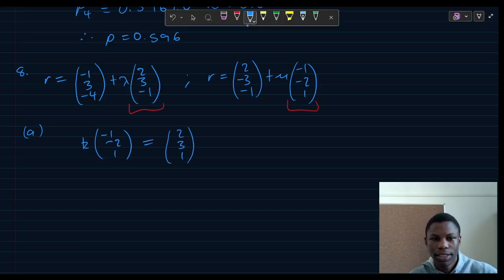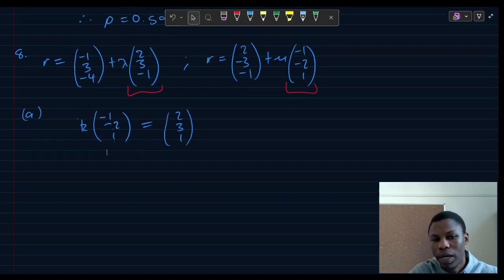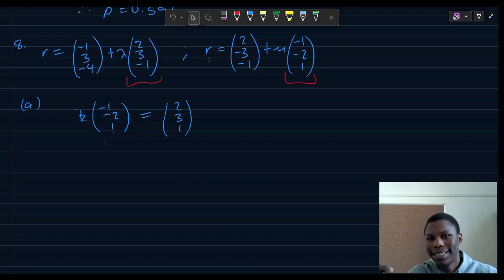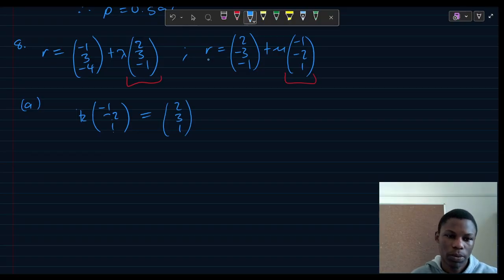If I do 2 here, I'm going to get (-2, -4, 2), which clearly is not the same as (2, 3, -1). So there's no way for me to find a scalar, and so for that reason, these are not scalar multiples.